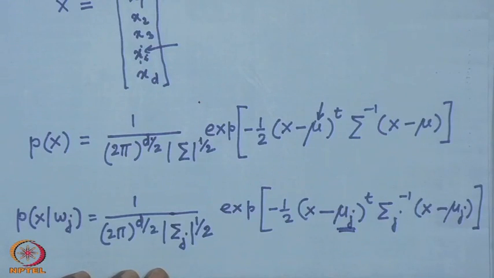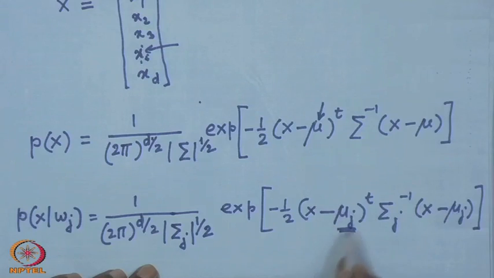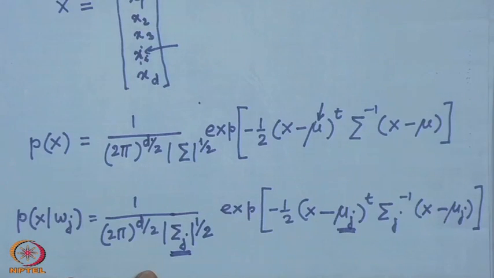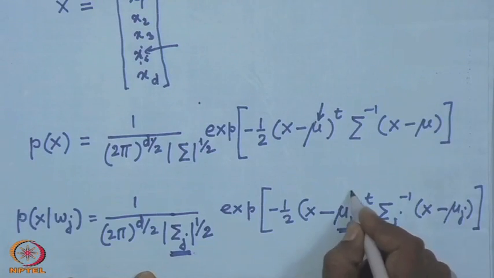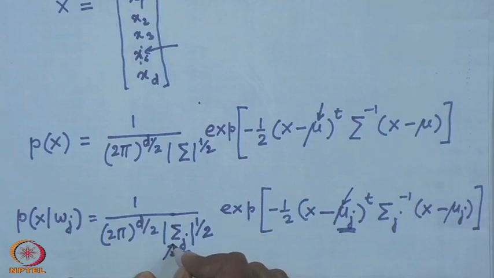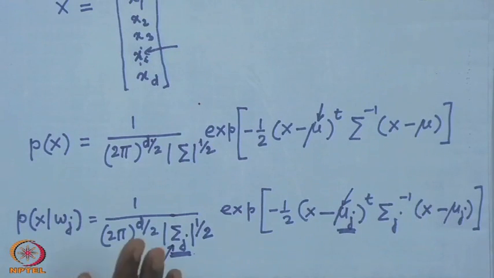So, this mean vector decides the location of the probability density curve, and in case of a vector, instead of a curve, it will be a surface. So, this mu j decides the position of that probability density surface, and the shape of the surface will be decided by the covariance matrix, sigma j. So, these are the parameters, the mean vector and the covariance matrix, which determine the position and shape of the probability density function.